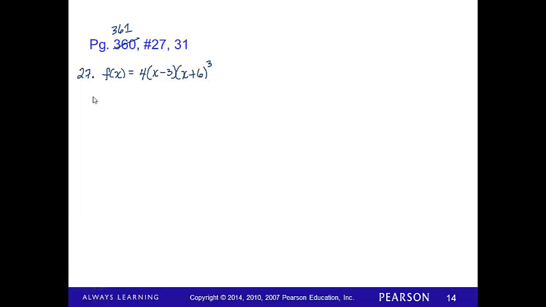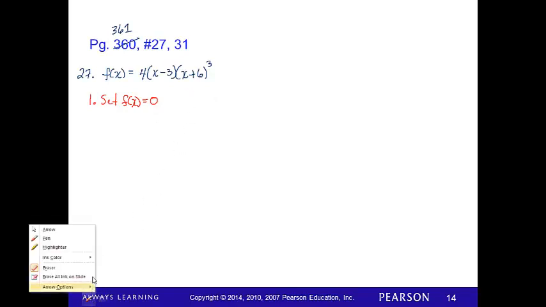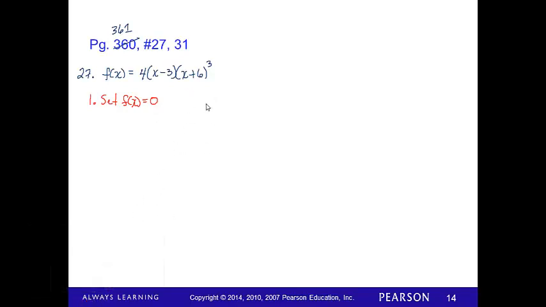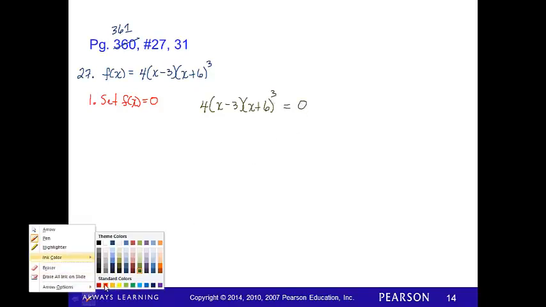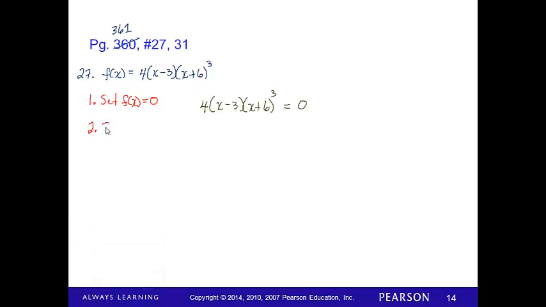So the first thing we want to do is set f of x equal to 0. So we'll have 4 times x minus 3 times x plus 6 raised to the third power equal to 0. And then step 2 would be to solve for x.